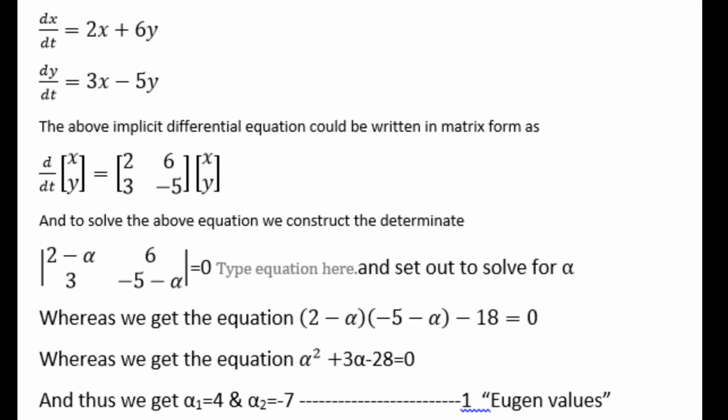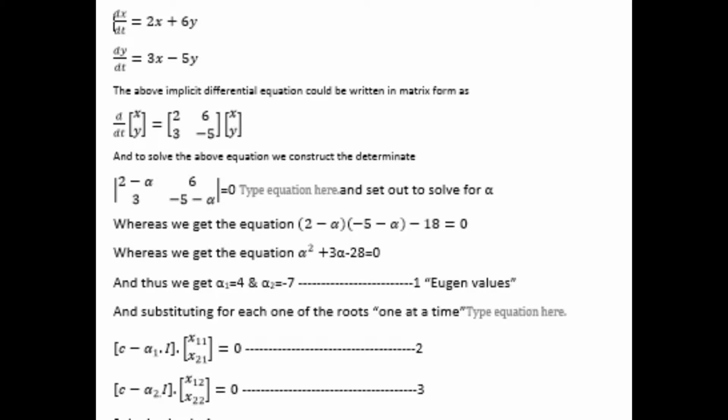And substituting for each one of the roots one at a time into the relation C minus alpha 1 I into column matrix x11 x21 equals 0. Of course, C minus alpha 1 I is called a left hand factor of 0, and x11 x21 are called eigenvectors.